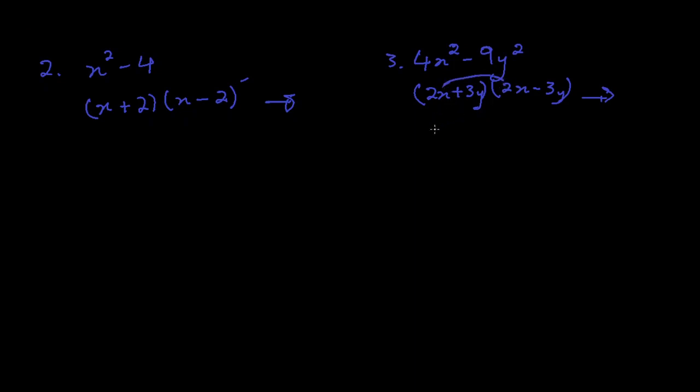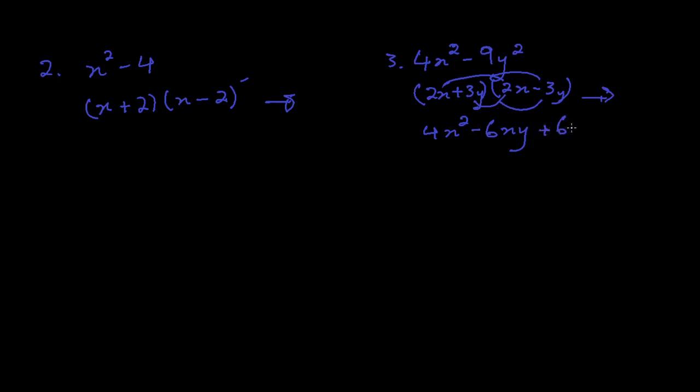When you multiply this, it's going to bring you 4x squared. So 2 times 2 is 4, x multiplied by x is x squared. Then you do the same for this, so it's minus 6xy. Then you do the same for this one, it's plus 3y.